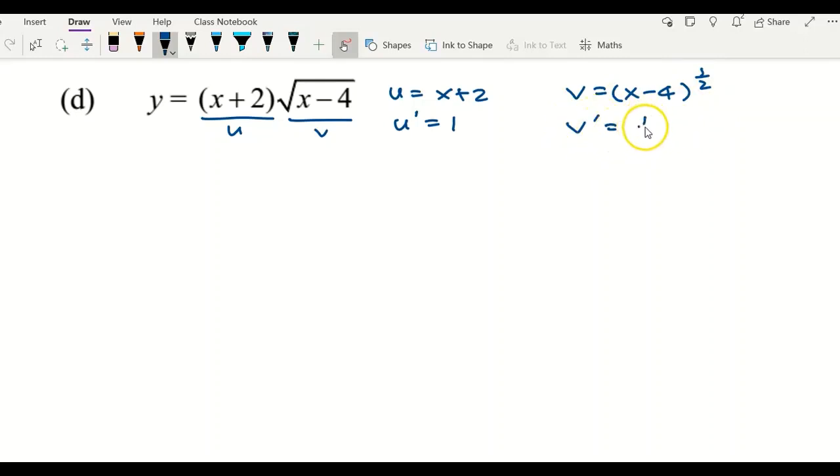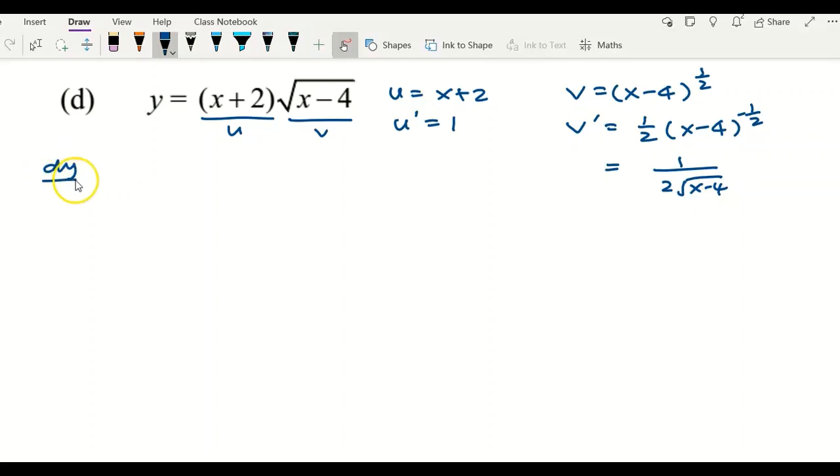Get your v prime, you get the 1 over 2, bring over to the front. And the power becomes minus 1. You get negative 1 over 2 and multiply by 1, because you differentiate x minus 4, you get 1.